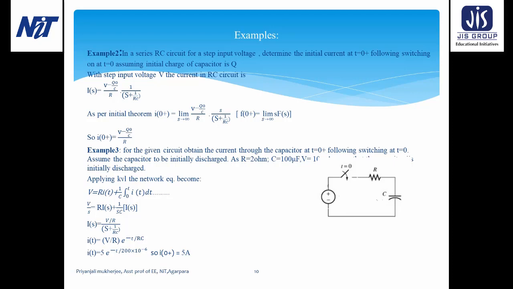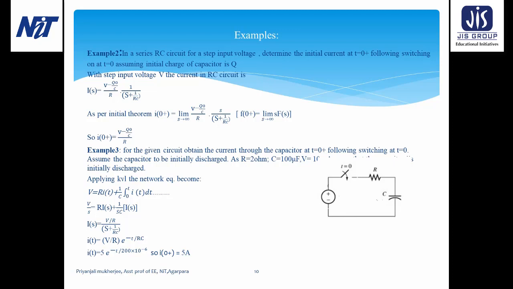So we can assume that the initial current is also 0, and from this equation we can find that I(s) is V by R divided by (S plus 1 by RC). Taking the inverse Laplace, i(t) becomes V divided by R into e to the power minus t divided by RC.